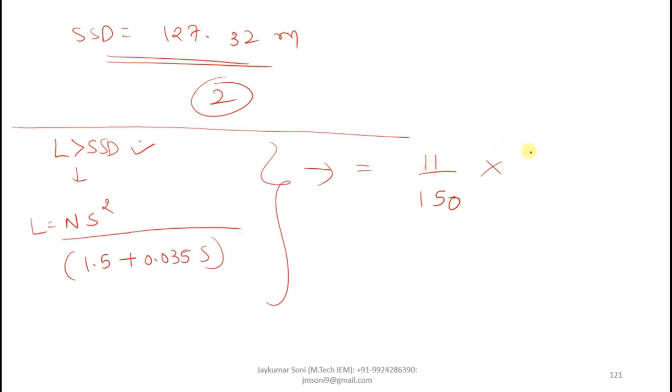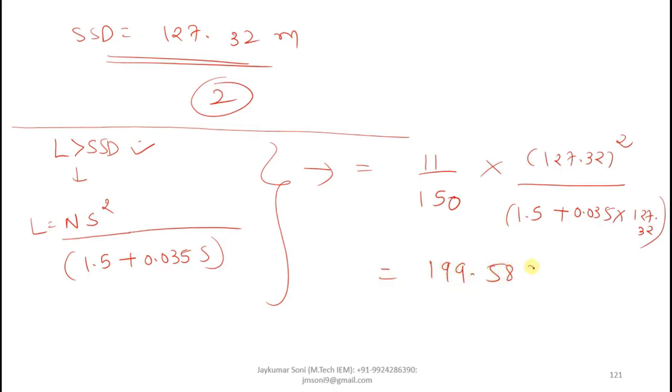We'll put the value of S, which is 127.32 whole square, divided by 1.5 plus 0.035 into the value of S, 127.32. If we calculate this value, we will get it as 199.58 meter.